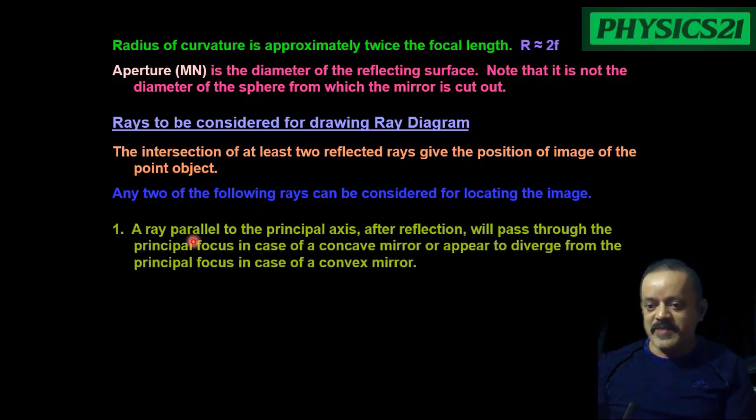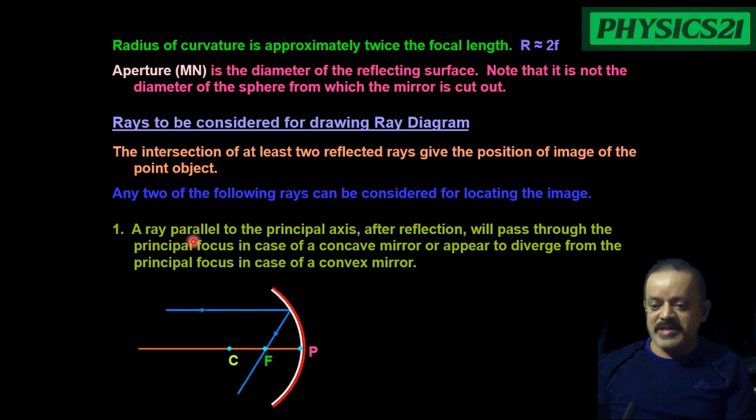So this is the first rule for image formation. All the rays incident parallel to the principal axis in a concave mirror, after reflection, pass through the principal focus. So this is the incident ray.